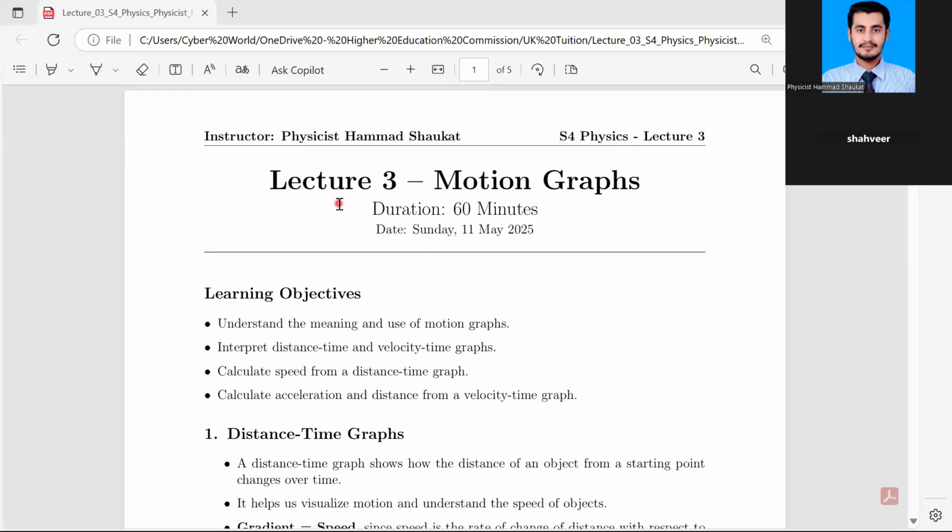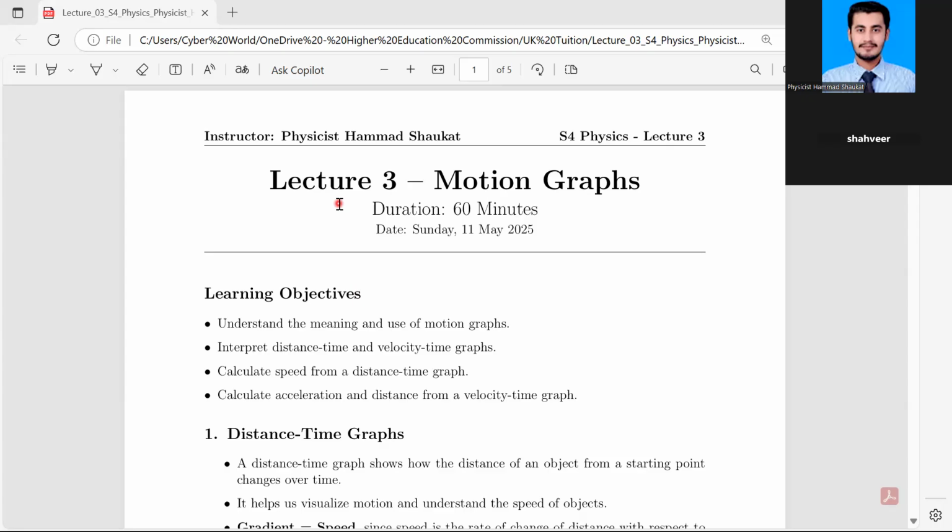Today is our lecture number 3, and in today's lecture, basically we will discuss motion graphs. There are some important graphs which are very useful to understand and interpret, and we have to learn about those graphs. In our learning objectives, we will understand the meaning and use of motion graphs. We will interpret and illustrate the distance time as well as the velocity time graphs.